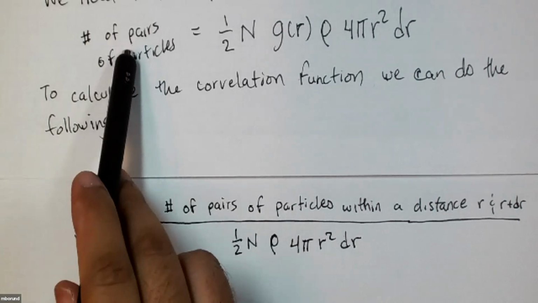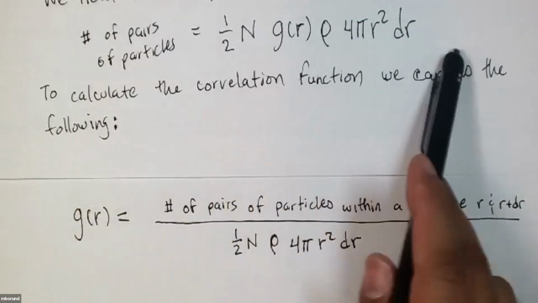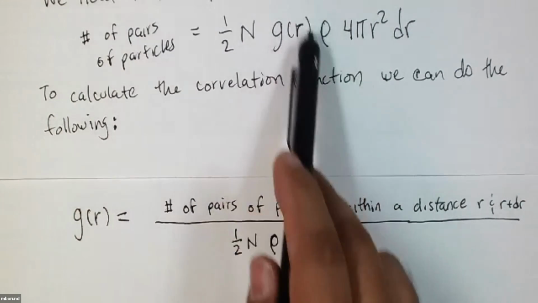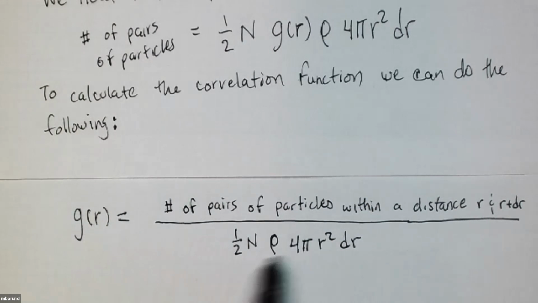We have the number of pairs of particles, and then we have all of these quantities. We want to calculate G of R, so we just put G of R on one side and take the rest of it down below. And we write it on here.